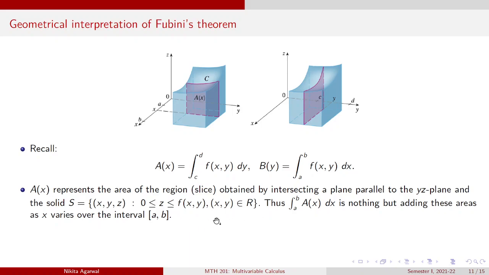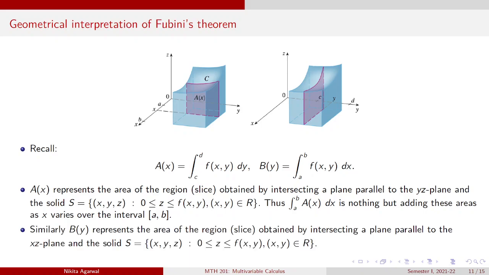You can imagine all these purple slices as you vary x in this direction and you add them all up. So the integral from a to b of A(x) dx is looking at the volume of the solid as a sum of the areas of these slices.